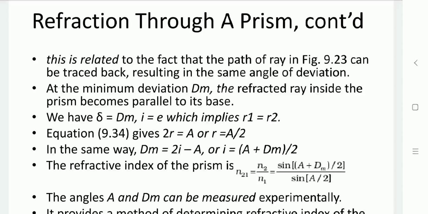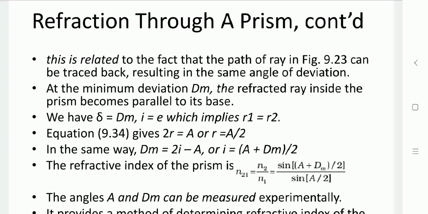Minimum deviation is defined as dm, that is delta equals dm when I equals E. From that we can say R1 equals R2, that is the refraction angle inside the prism remains the same. Substituting these values, 2R equals A, or R equals A by 2.